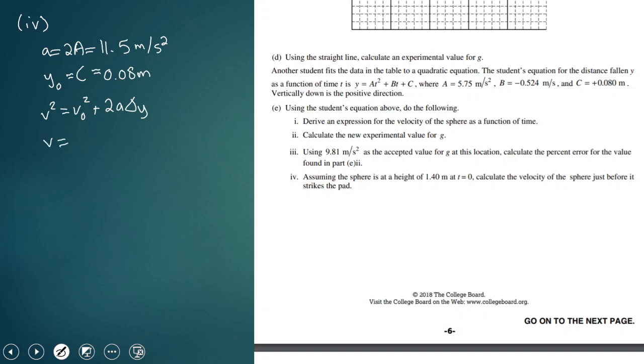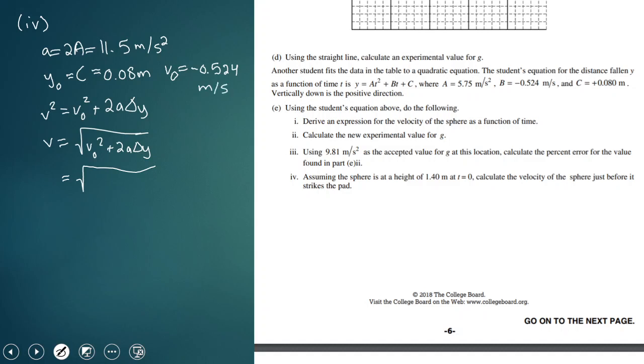So v is equal to the square root of v naught squared plus 2a delta y, which is equal to the square root of our v naught. What we also know is that v naught, according to the equation, is B, so it's just negative 0.524 meters per second.